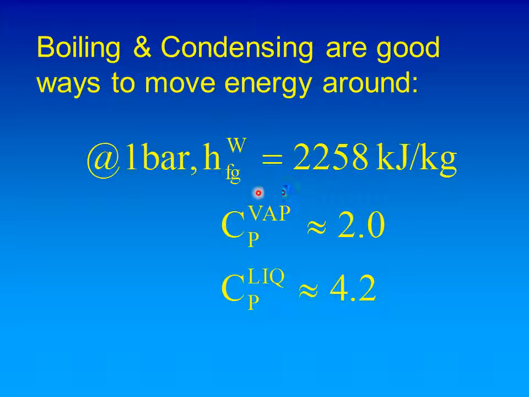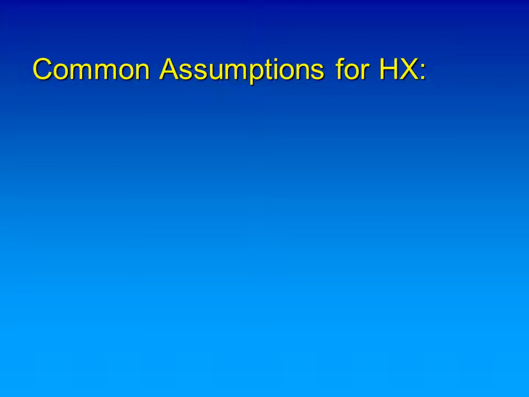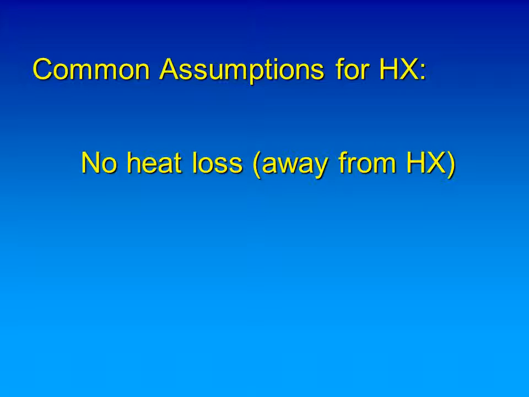Cp of the vapor, steam, being 2, and Cp of the liquid being 4.2, so you'd have to change the liquid about 500 degrees. The vapor you'd have to change 1,000 degrees to get that same energy change. So you can really move a lot of energy just by condensing or boiling 1 pound or 1 kilogram of steam.